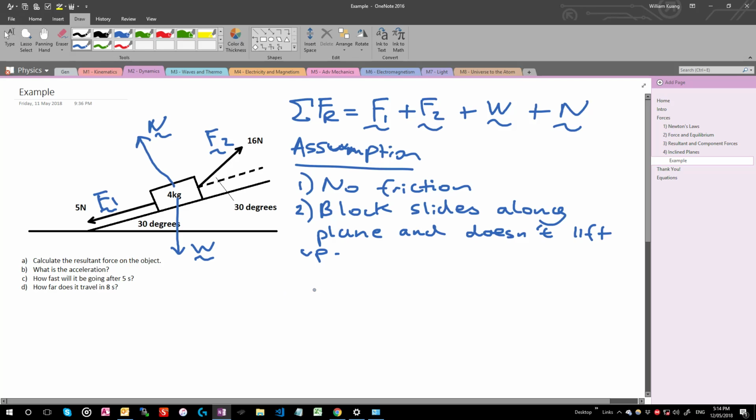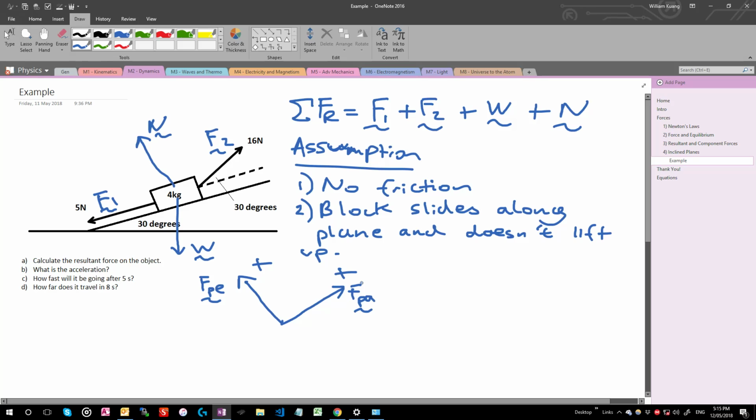Now, the next thing we need to do is set up the axes that we consider positive and negative. You would probably have done this by usually considering x and y to be positive and negative. The reason we're not going to use x and y is because it's more convenient to use the parallel direction, and the perpendicular direction. I consider this one positive, and I consider that one positive.